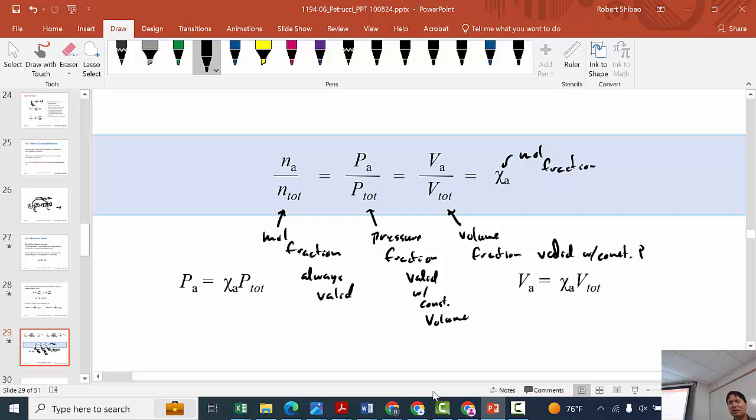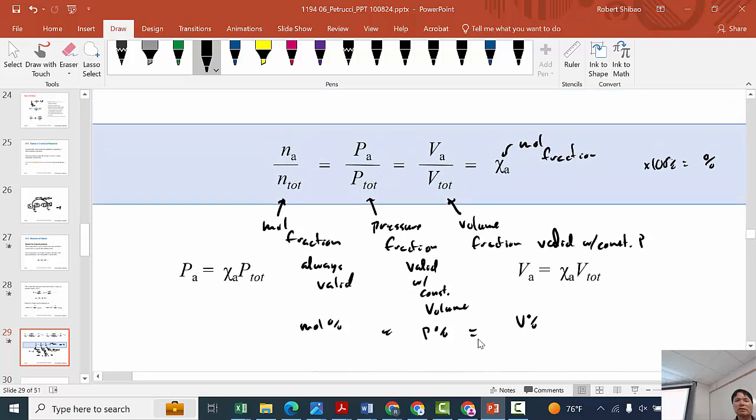If we take the mole fraction and multiply it by 100%, we get the percentage. And so we can get the mole percent, the pressure percent, the volume percent here, and they're all the same. The mole percent is equal to the pressure percent, which is equal to the volume percent.